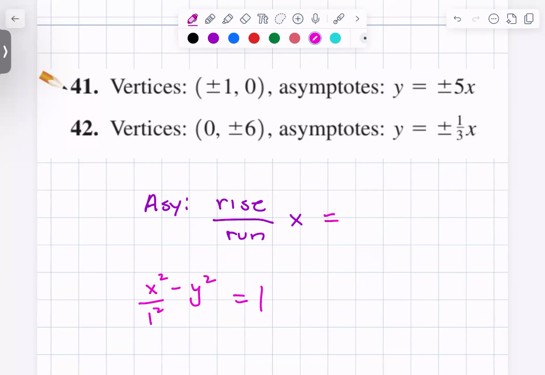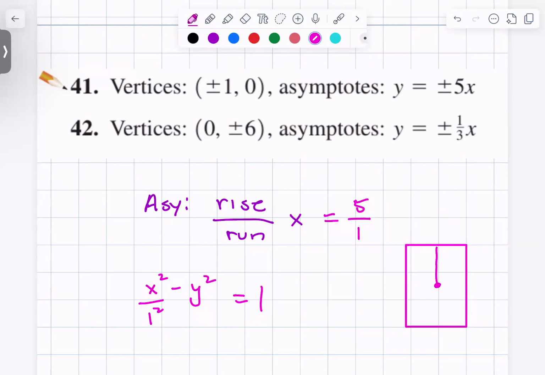This rise over run equals 5 over 1. Right? So if you think about it, my b value is at 5. Right? Because if you put a box here, let's say this is the box. That's my point, right in the middle.